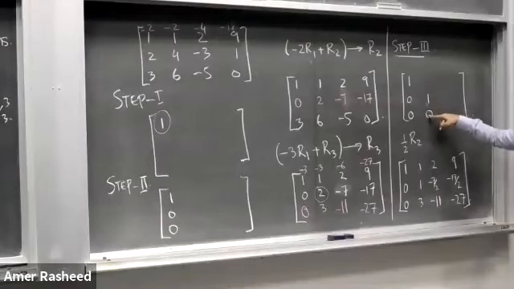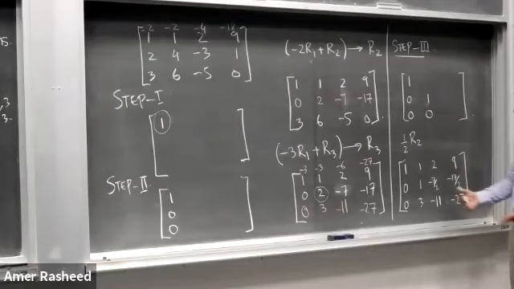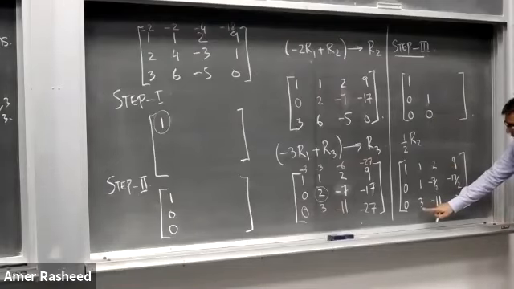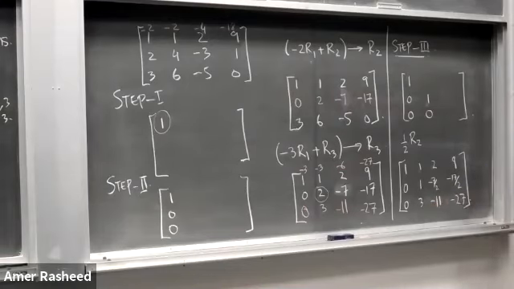You try to make 0 below this 1 by using any appropriate operation. How can we make 0 here? What operation can be used in order to make this thing 0? Anyone? -3 R2 plus R3.